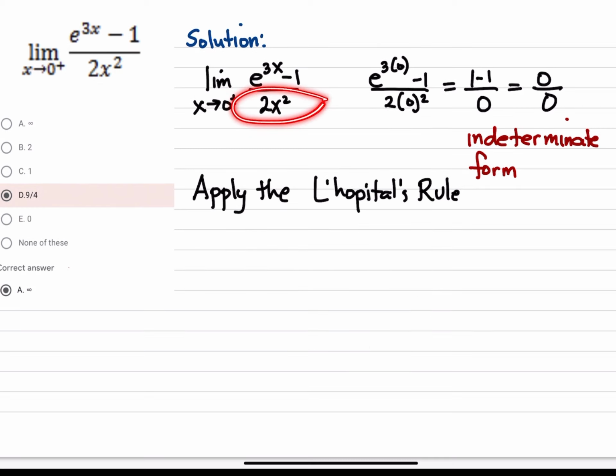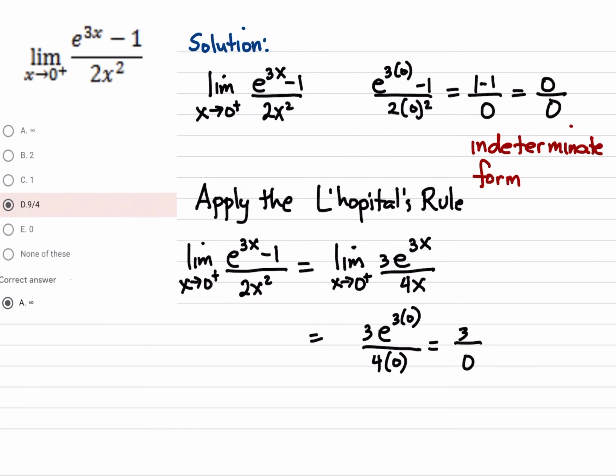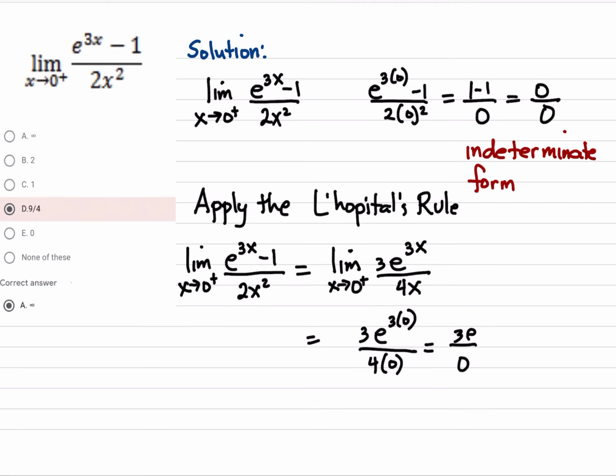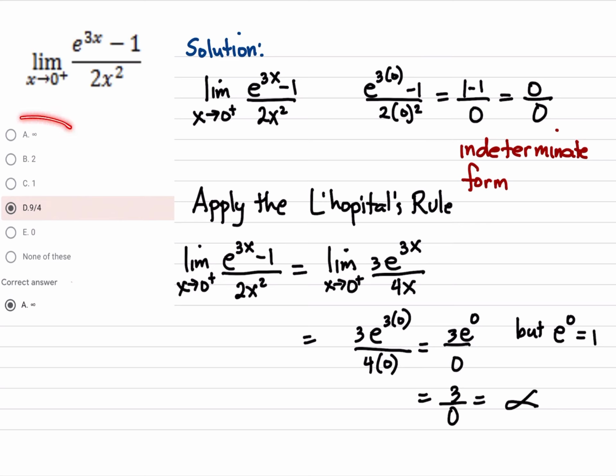Okay, the numerator is 3 because e raised to 0 is equal to 1, and the denominator is 0. So this is the same as 3 over 0, which is infinity. Okay, so the result is letter A.